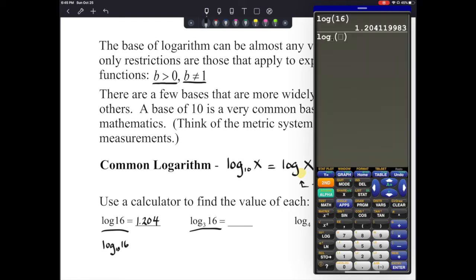So I'm going to choose that one, and you should have something like this that pops up on your screen. You can also press the math button and scroll down, and it will give you the same option. I'm going to put log base 3 of 16, and then I'm going to hit enter. You see it's 2.5237, so I'm going to just round it to 2.524.